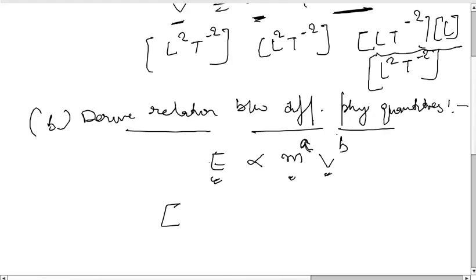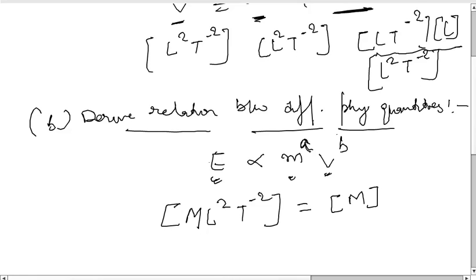Dimensional formula of energy. Energy is basically work done, which is force into distance. Now, the dimensional formula of force is M L T to the power minus 2, and work done will be force into displacement, so M L squared T to the power minus 2. Now, this must be equal to the dimensional formula of these two multiplied. What will be the dimensional formula of mass?